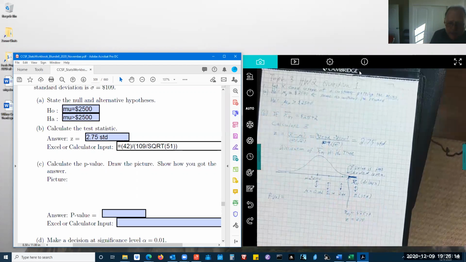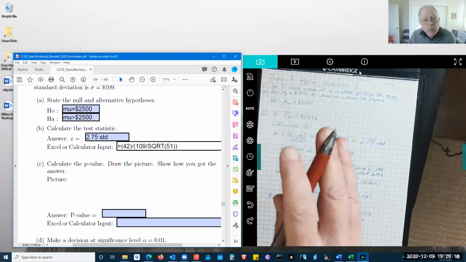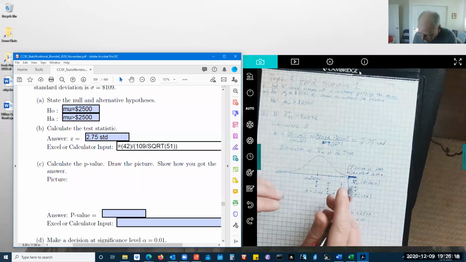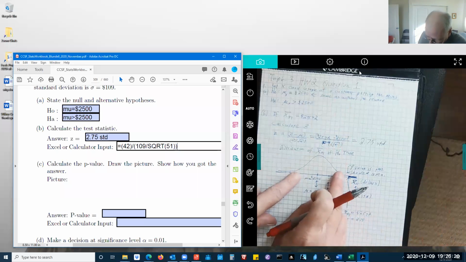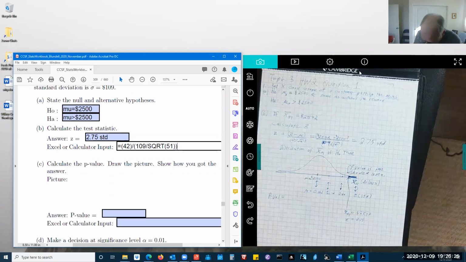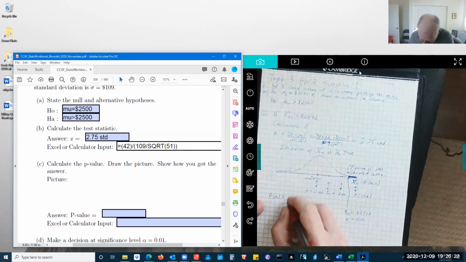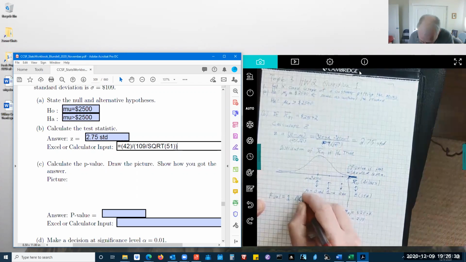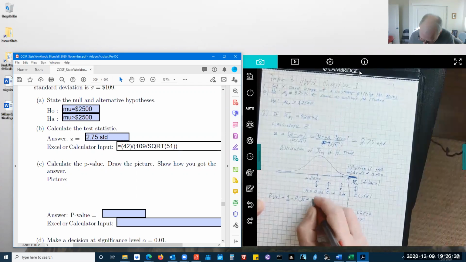So I want to do 1 minus that area. 1 minus the big white area gives you the remaining blue area. Okay. So it's 1 minus the probability that the capital X bar would be less than 2542.